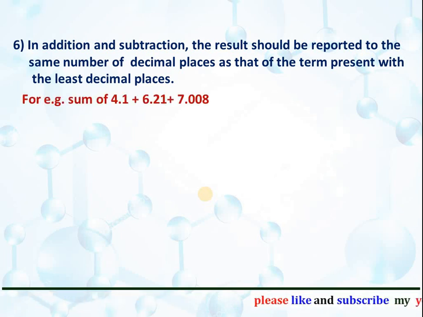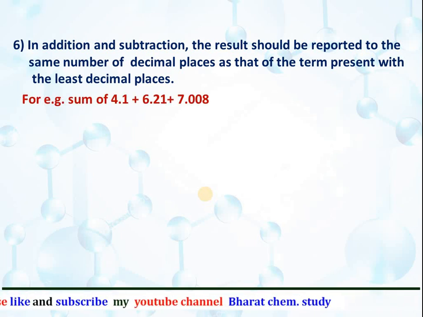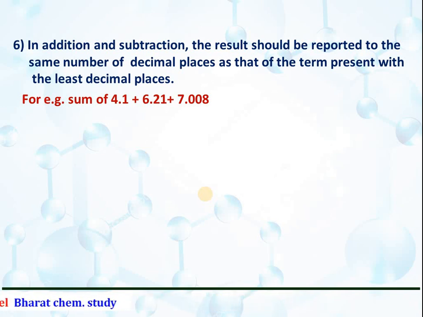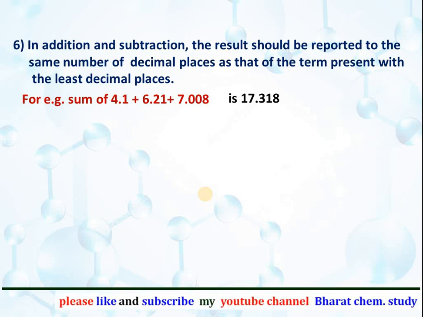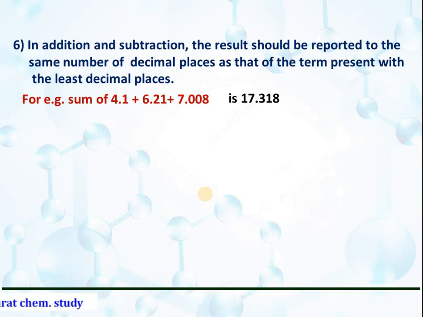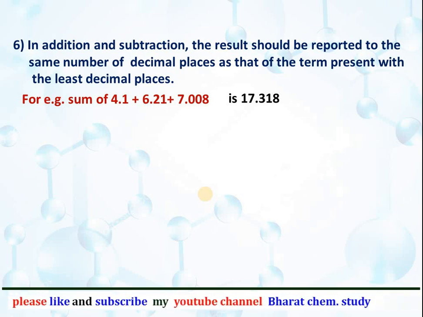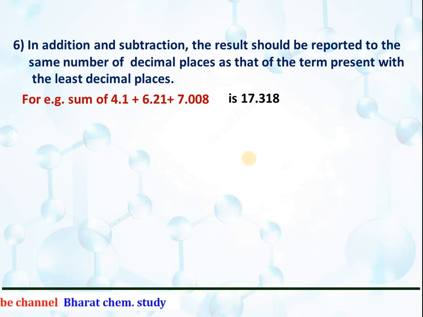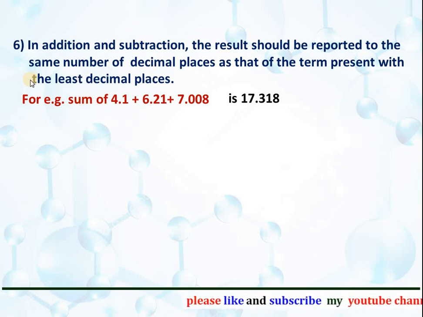example. For example, we have to add 4.1 plus 6.21 plus 7.008. The answer is basically coming 17.318. But to write it in significant figures, the reported answer should contain the same number of decimal places as present in the least number. Here, the least decimal place is only 1.